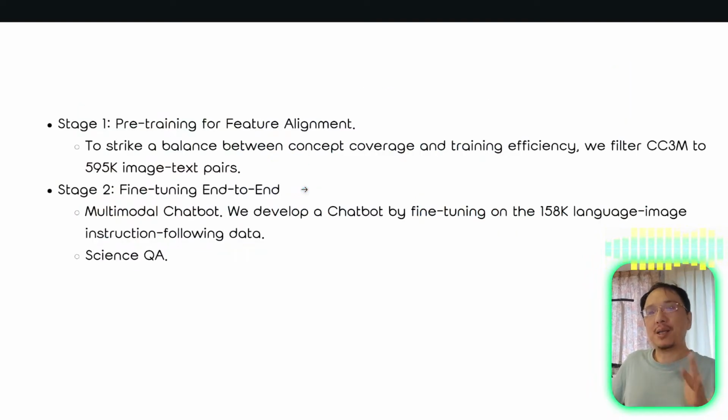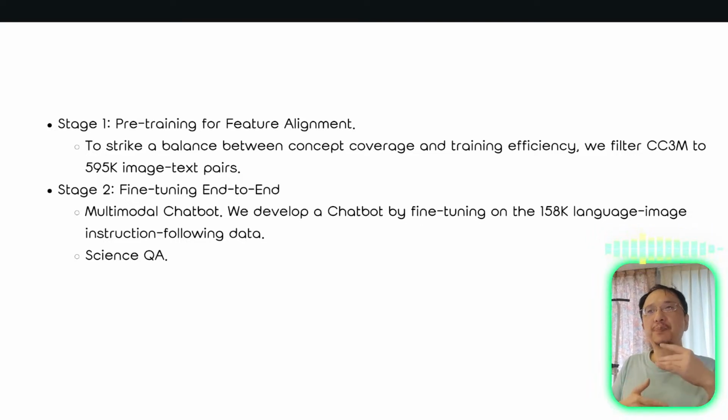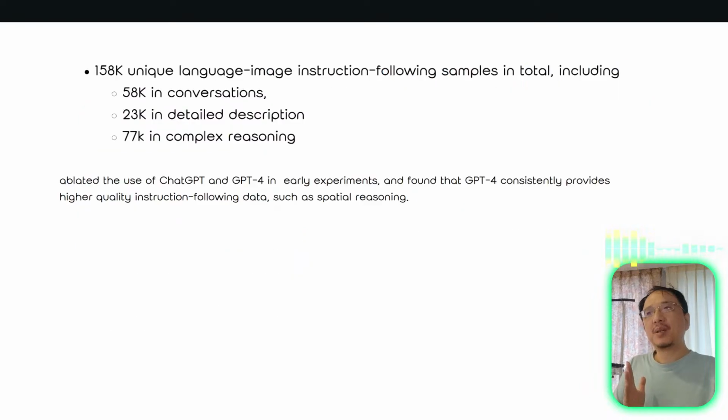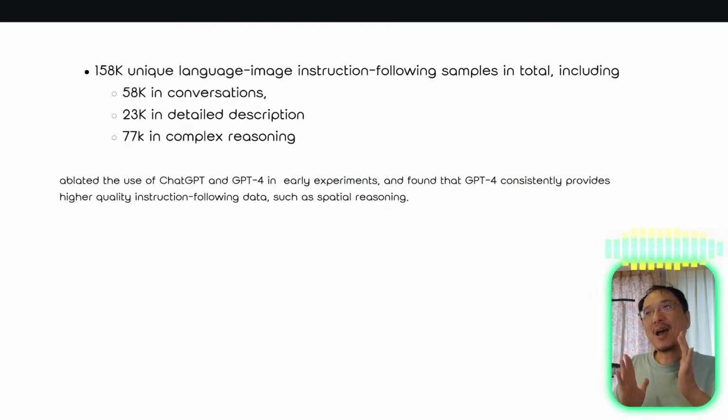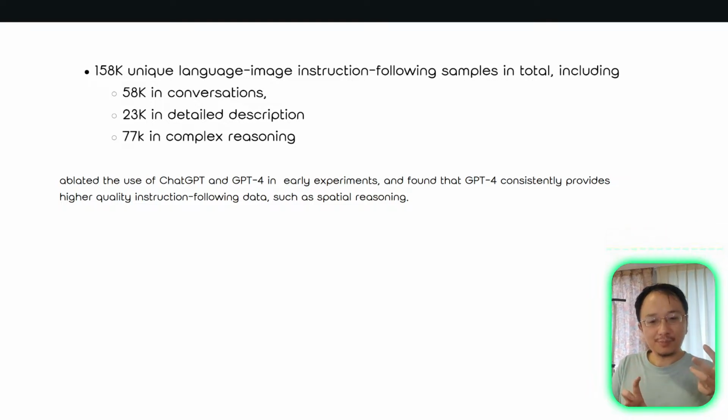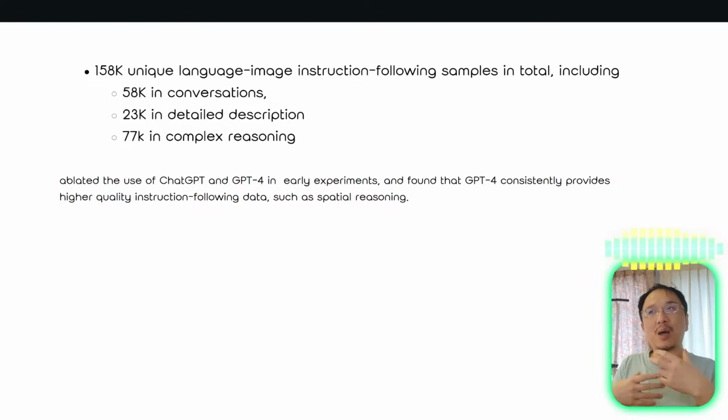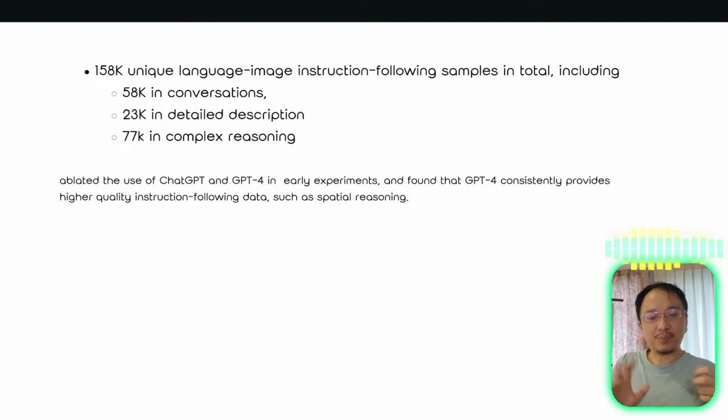But when training, it also has two stages. In the first one, they still use captioning, because their instruction dataset, I say only, but it's large, compared to other models only has a relatively small number of image and text pairs, about 158,000.